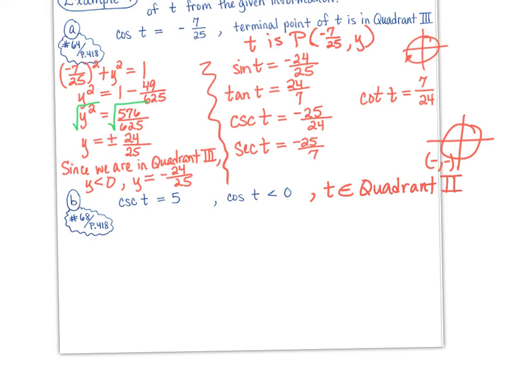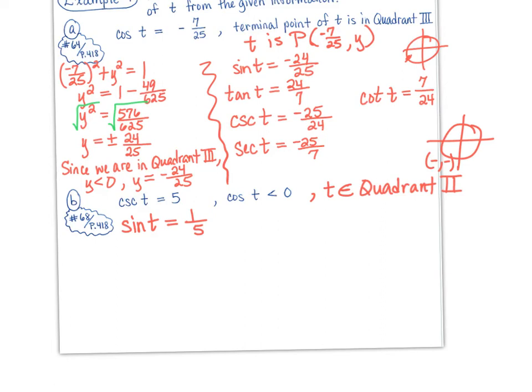Sine of t is equal to what? 1 over 5. Very good. How did you know it was 1 over 5? Because the cosecant of t is 5 and it is the same thing as 1 over sine. That's right. Do you need me to explain that one more time?